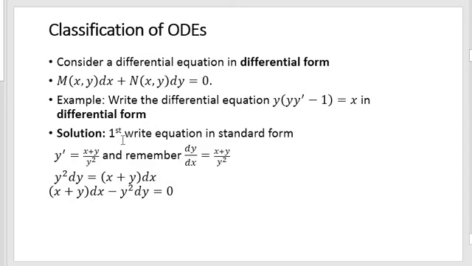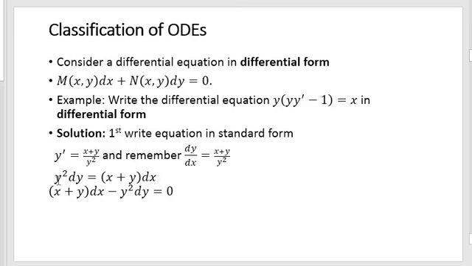Right, so first we need to write this in standard form. You recall that this equation in standard form is equal to this. And again, you need to remember that y prime is the same as dy/dx. So dy/dx is equal to (x plus 1) over y squared. If I multiply by y squared and multiply by dx, this is what I'll get: y squared dy is equal to (x plus 1) dx.